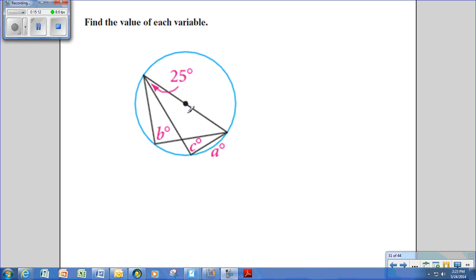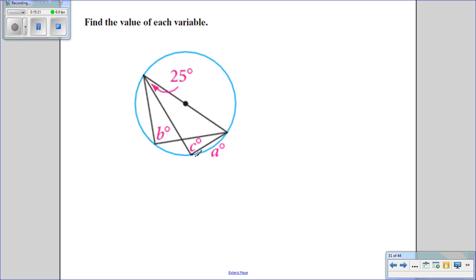Okay, here's another example. We're going to find the value of each variable, and let's finish off the notes for this lesson. First, let's find the measure of this arc right here, arc A. Now this arc is related to this angle. That angle is 25, so this arc is going to be double 25, which is 50 degrees.